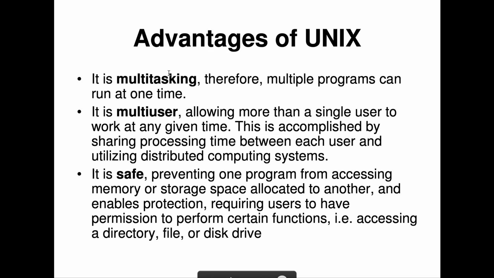For example, multitasking: you can at the same time open the slides, listen to music, or even browse the web. In past operating systems, they could not do it, but Unix and many later operating systems can. So that's why it's called an advanced attribute.